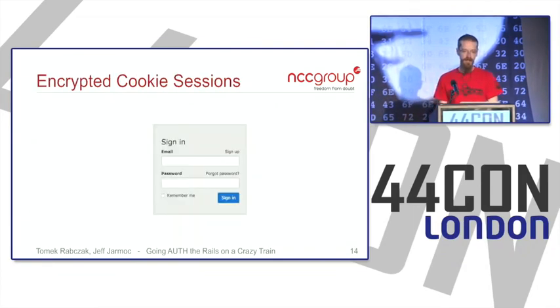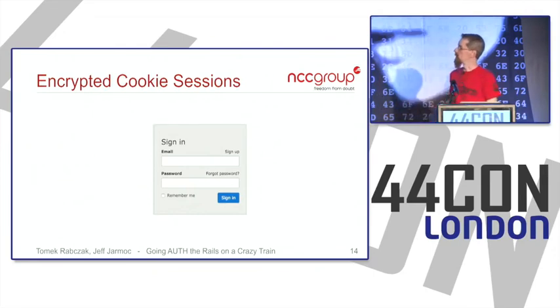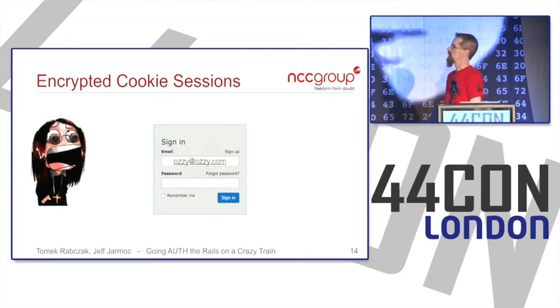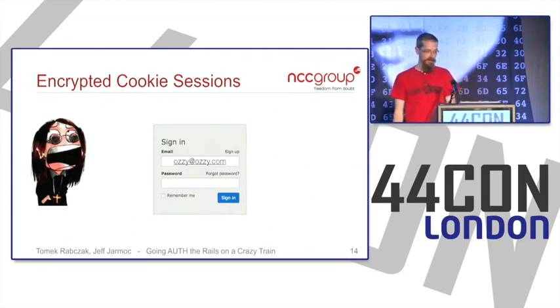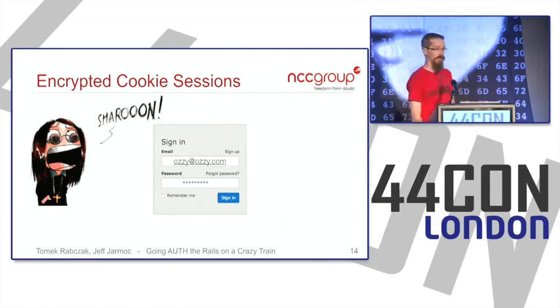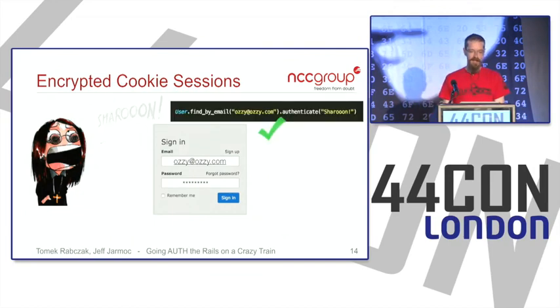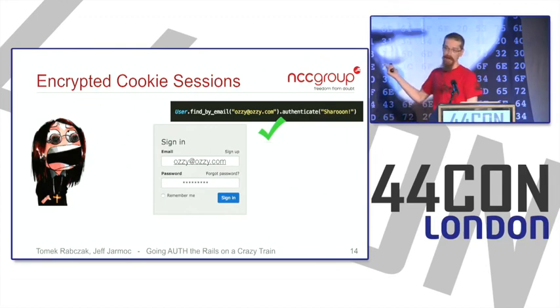So let's talk a little bit about encrypted cookie sessions. This is the default way that Rails handles sessions in recent versions. So we've got a sign-in screen here asking the user for their email and password. So the user comes and enters their email address. They provide their password, and they apparently shout it at the top of their lungs at the same time, so we all know what it is. The application looks up the user based on that email address, authenticates them with that password, and that's successful.